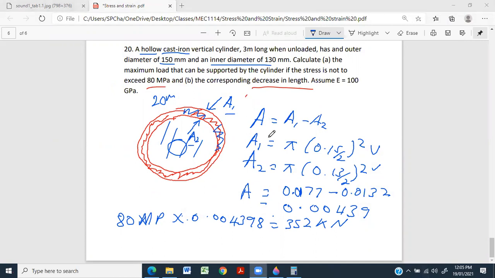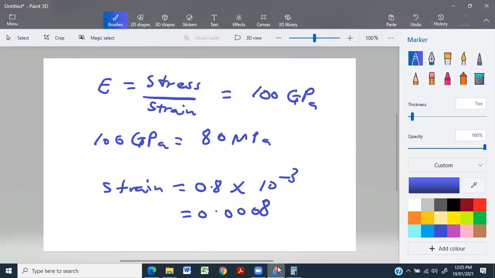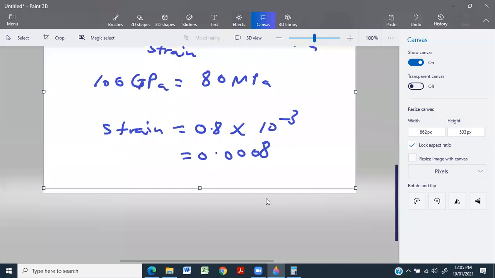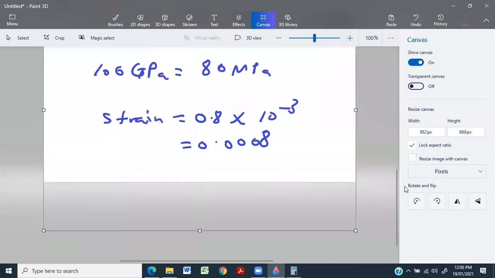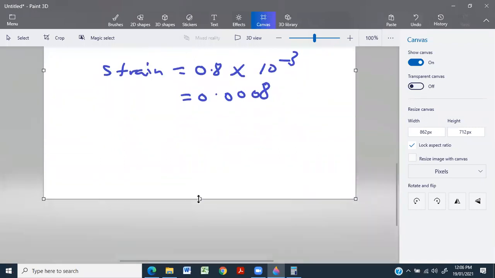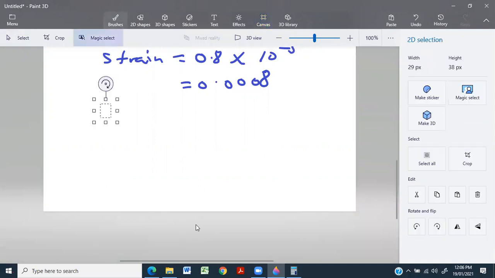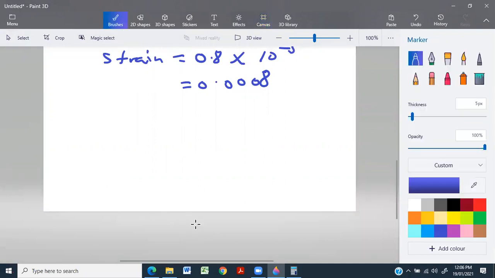Now, the cylinder is 3 meters long. We know strain. So the other formula for strain is equal to that elongation, delta L over L, right?